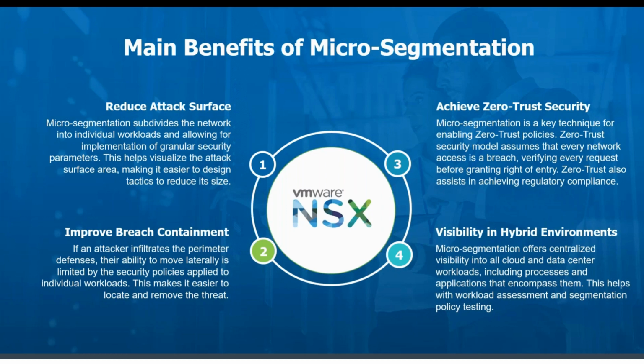But in order for us to make use of these four main benefits: reducing attack surface, improving breach containment, achieving zero trust security, and having more visibility into hybrid environments, we have to undergo a certain set of policies that can only be achieved through micro-segmentation.